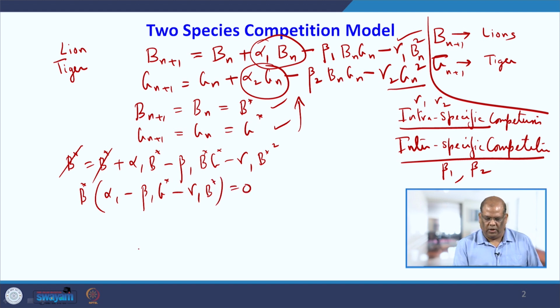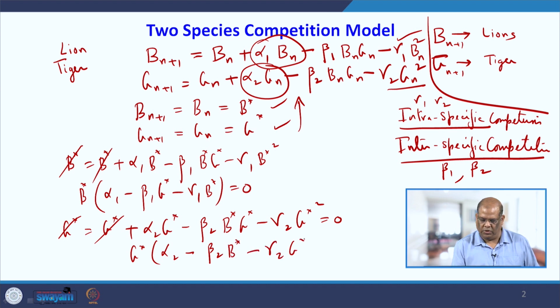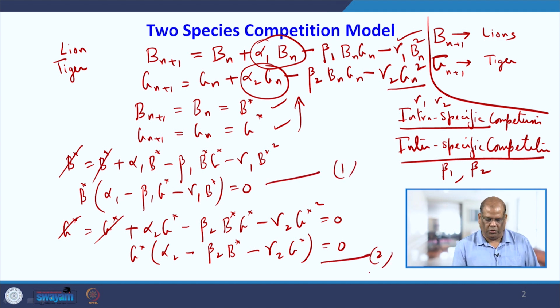From the second equation, similarly, I will get G star equal to G star plus alpha 2 G star minus beta 2 B star G star minus gamma 2 G star square. These two cancel. You take G star common: G star times alpha 2 minus beta 2 B star minus gamma 2 G star equal to 0. So, from equations 1 and 2 we have to find the equilibrium solution.